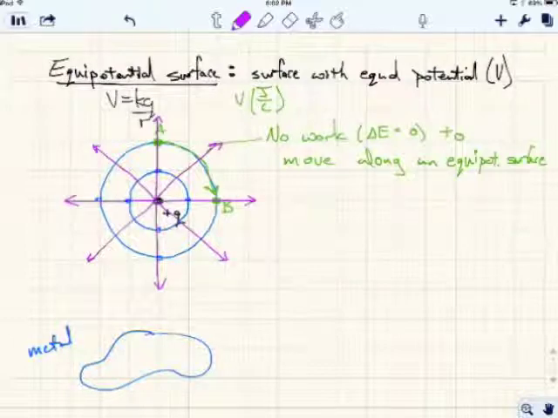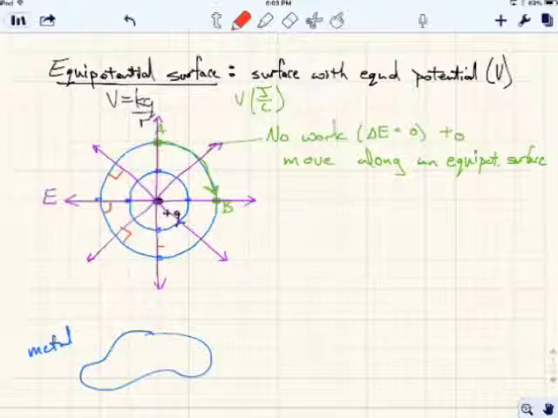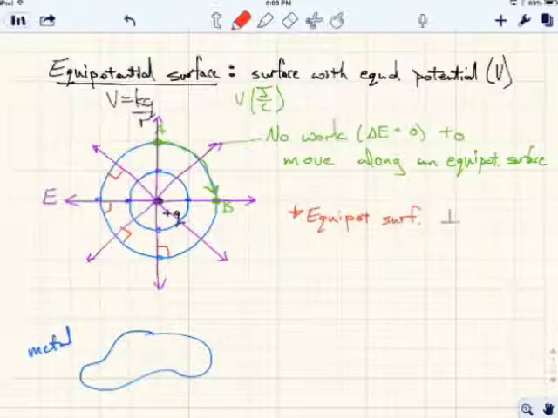And what we notice anytime we draw these electric field lines, so there's a very unique relationship between the electric field lines and these equipotential surfaces, and that is that an electric field line is always going to make a right angle with an equipotential surface. And that is a rule. So equipotential surfaces are perpendicular to electric field lines.